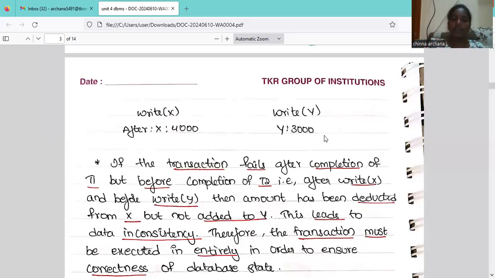Now suppose the transaction fails after the completion of T1 but before completion of T2. What is T1? Reducing the amount from the X account. What is T2?